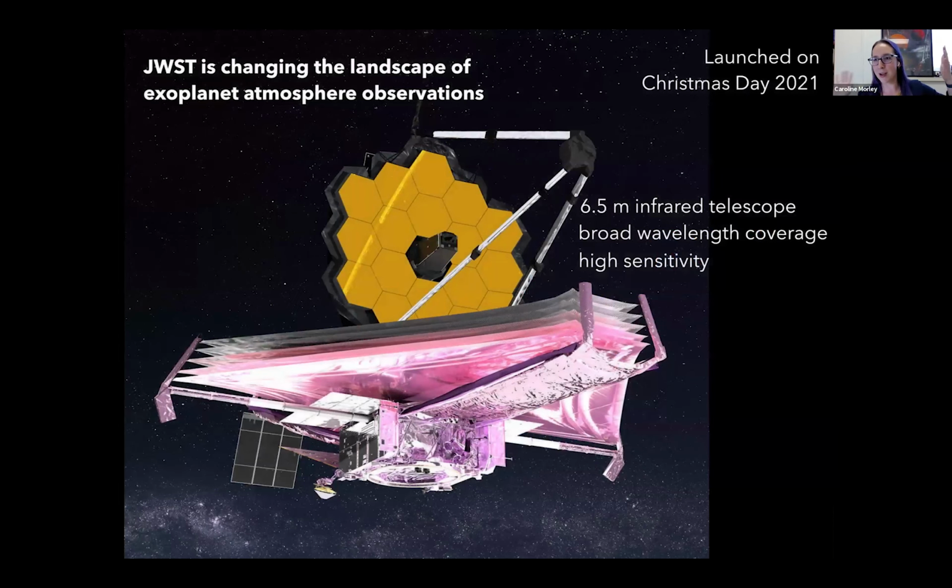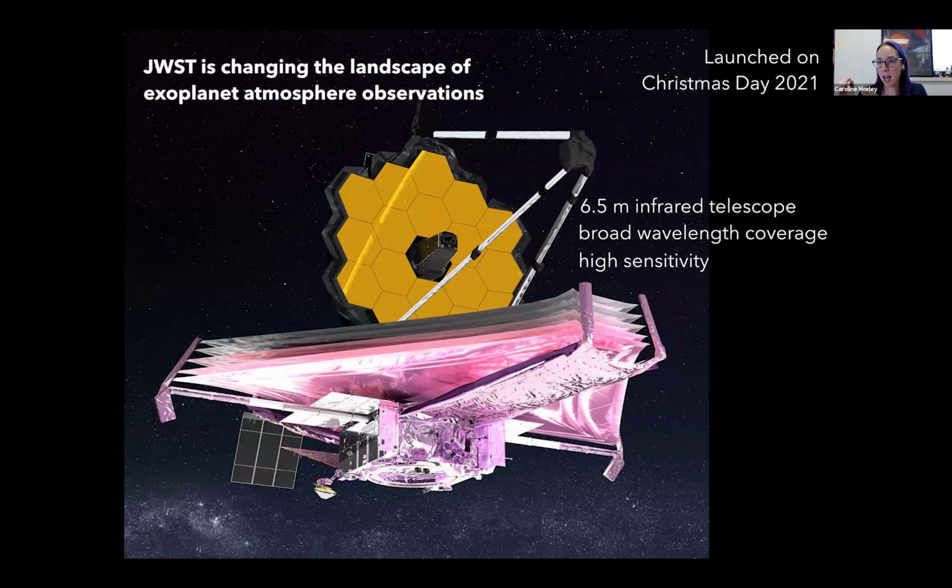Enter James Webb Space Telescope. It launched on Christmas Day in 2021. It's the best Christmas present that astronomers have ever gotten and ever will get, I think. It's a 6.5-meter telescope. It's different from Hubble in that instead of looking at short wavelengths, visible wavelengths and the very near infrared, it's looking in the infrared.